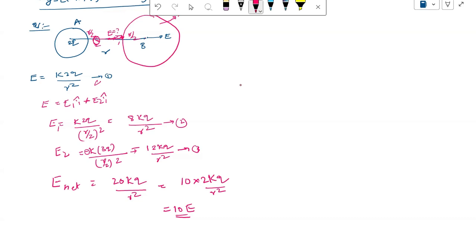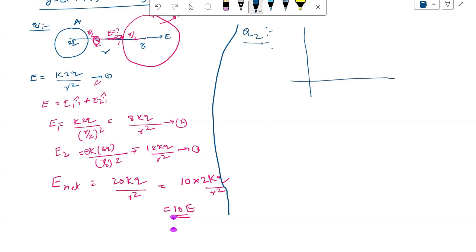Similarly, another problem. Suppose question number 2. In question number 2, consider two charges. One charge Q is at 12 comma 0.